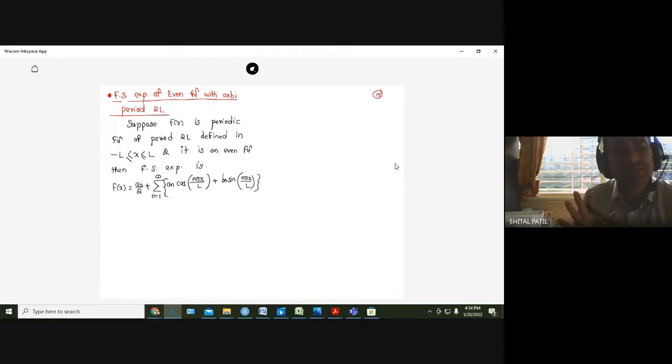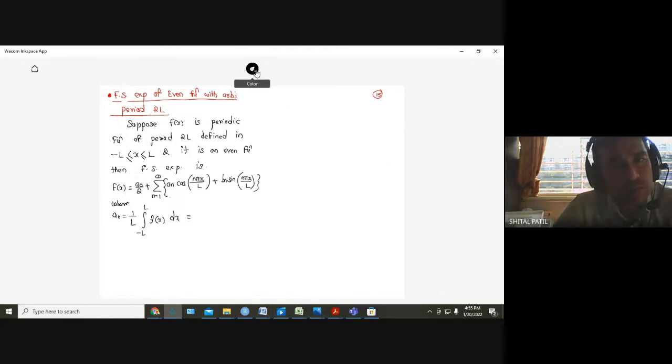Now nothing new, still we studied, huh? Now we'll start. Where a naught equal to 1 upon L, integral from minus L to L of f of x dx.